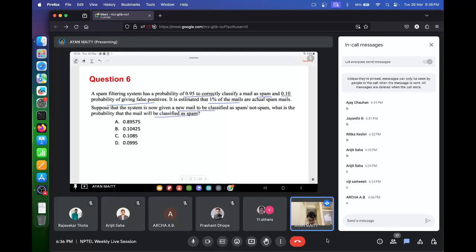So to solve this question, we need to state two random variables. Let's consider S, which is classified as spam by the spam filtering system, and M is actually spam.